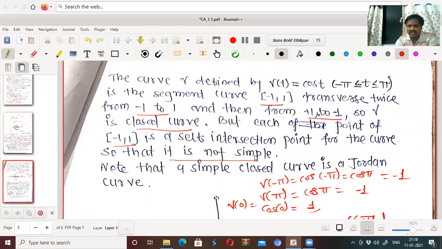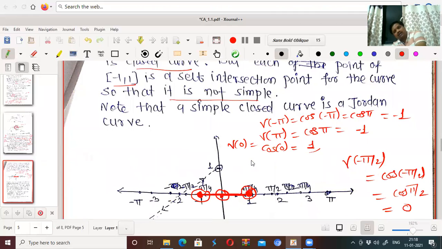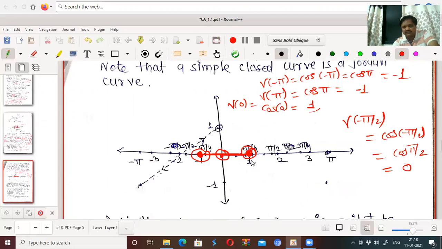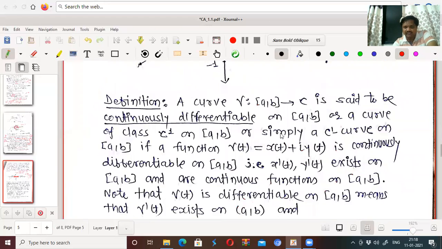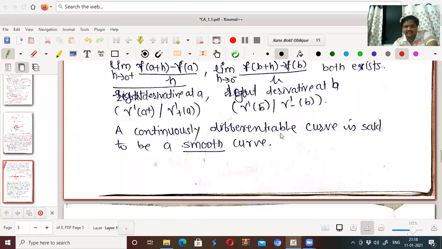So gamma is a closed curve because initial and terminal points coincide, but each point of minus 1 to 1 is a self-intersection point for the curve, because there are other points on that curve which intersect itself, and therefore it is not simple, though it looks like a straight line.